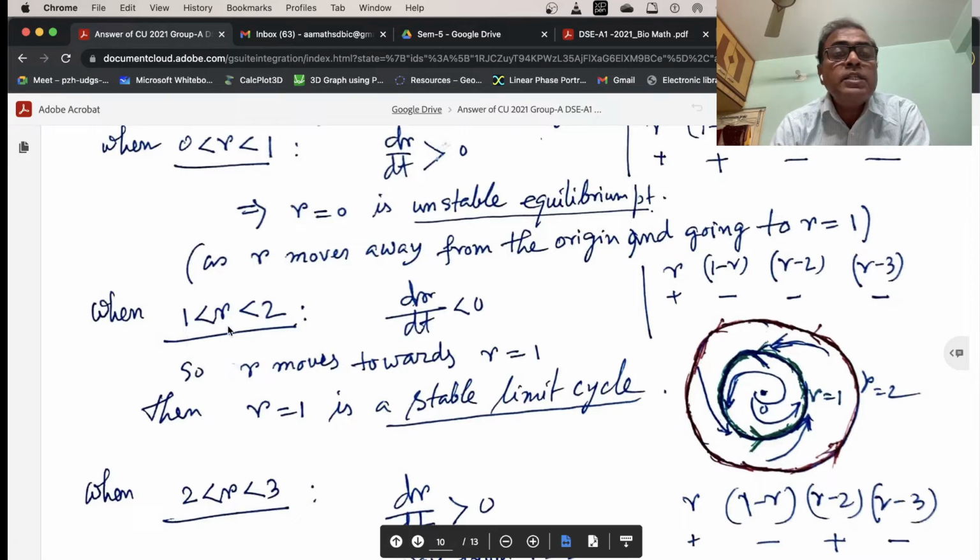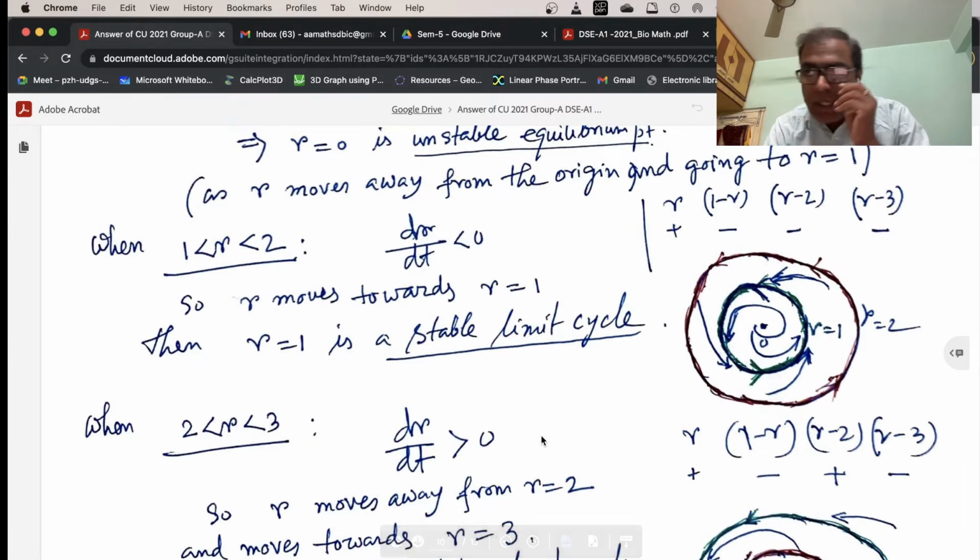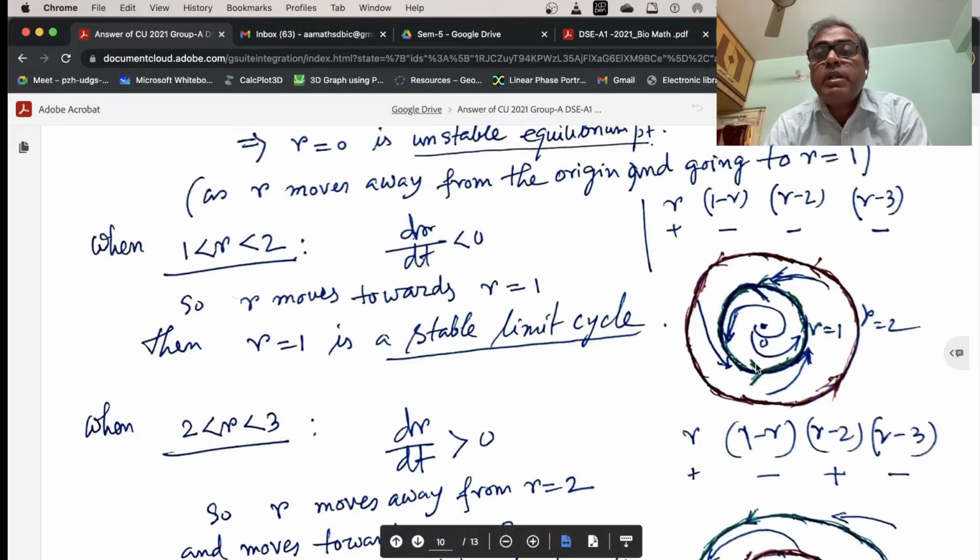In this region, r = 1 is the inner circle and r = 2 is the outer circle, so r moves towards the r = 1 cycle. And r = 1 means x² + y² = 1. This circle is a stable limit cycle, and the origin is an unstable equilibrium point.